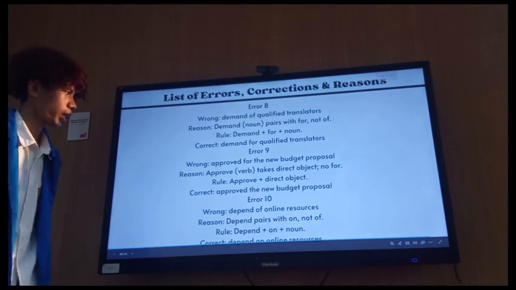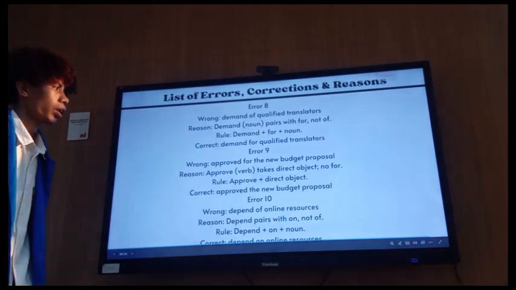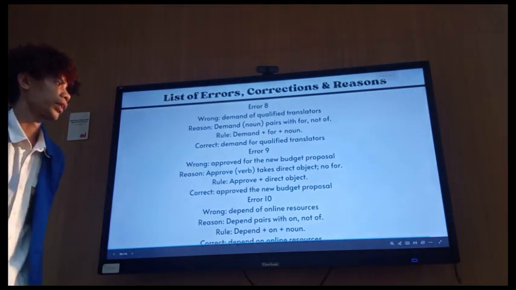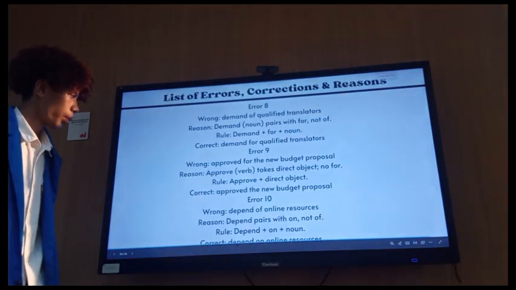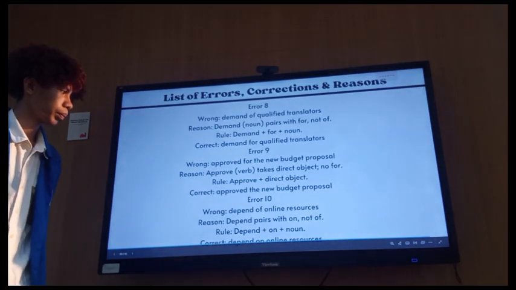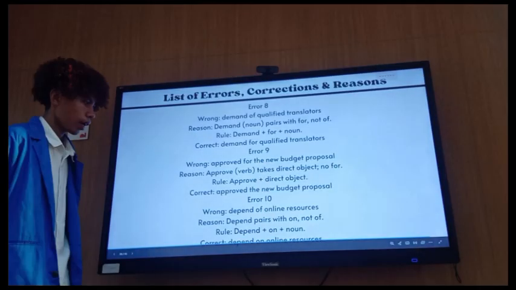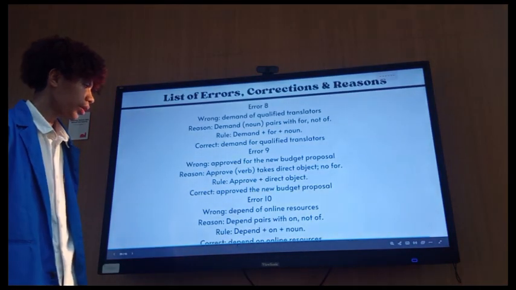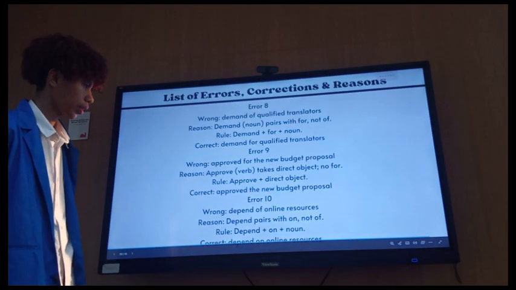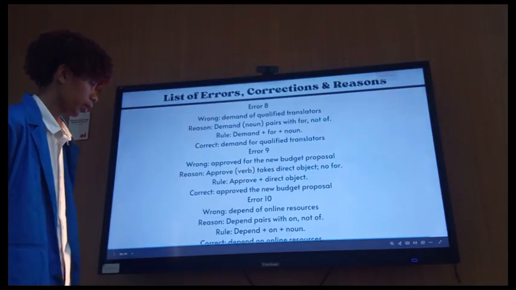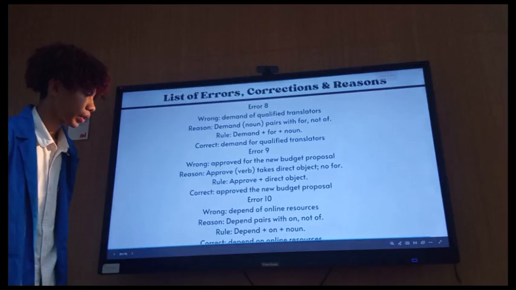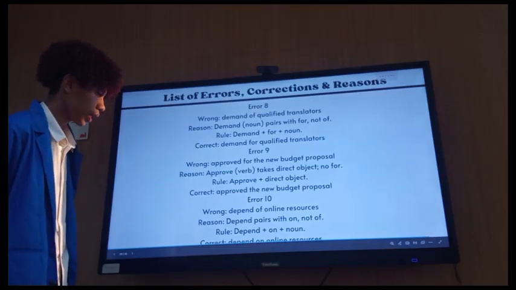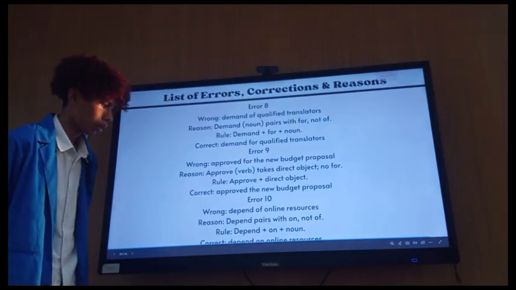Reason: the verb "approve" takes a direct object. Rule: approve plus direct object. Correct: "approves the new budget proposal." Error 10. Wrong: "dependence of online resources." Reason: "dependent" pairs with "on", not "of". Rule: dependent on plus noun. Correct: "dependent on online resources."